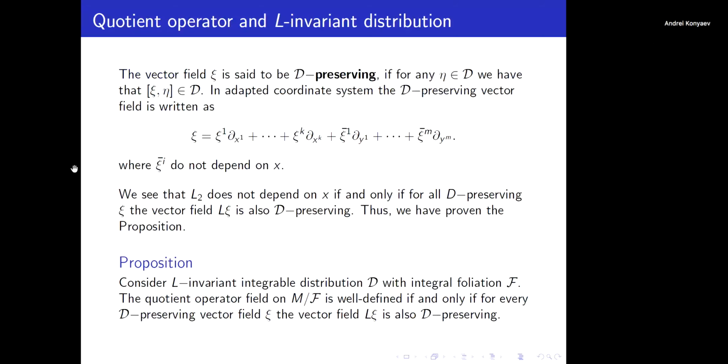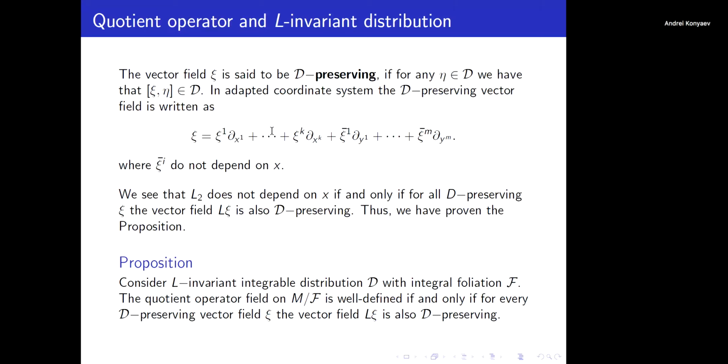So we have proved the following very simple conditions. We have shown that for the operator to have a good quotient, we need that for every D-preserving vector field, L applied to this vector field should be D-preserving. Okay, we have shown this.